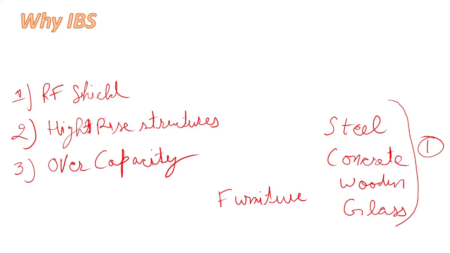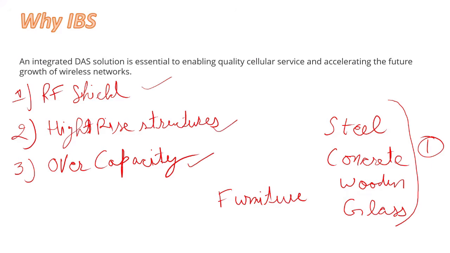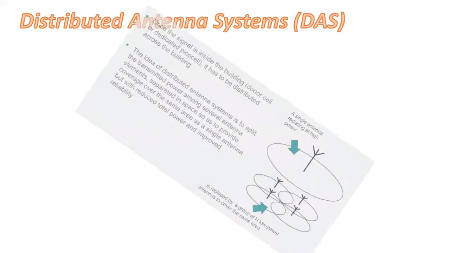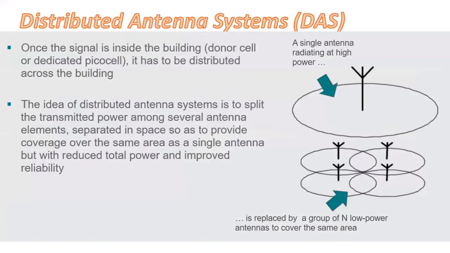So DAS is required to overcome all three issues: RF shield, high-rise structures, and overcapacity. An integrated DAS solution is essential to enable quality cellular service and accelerate the future growth of wireless networks. A DAS is an in-building wireless enhancement system that provides building occupants with reliable cellular device coverage and capacity.